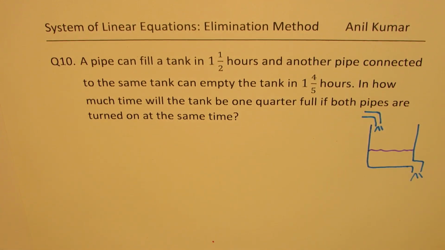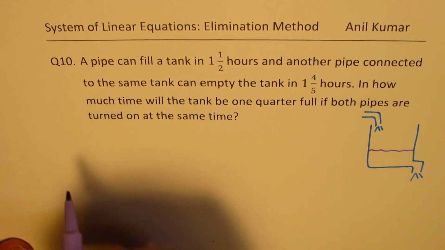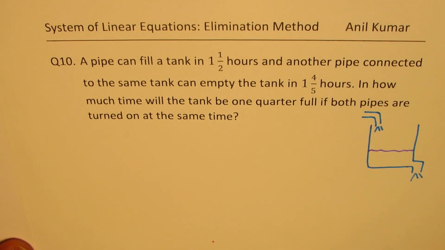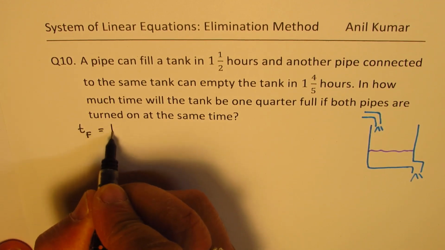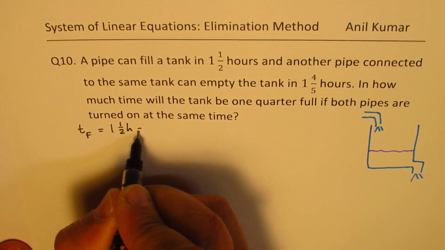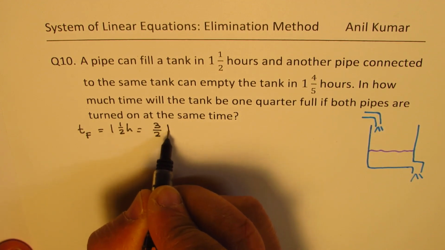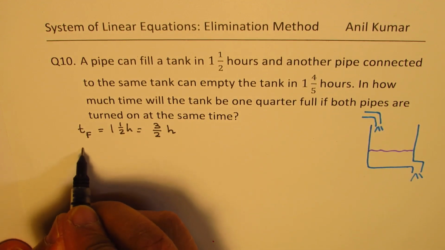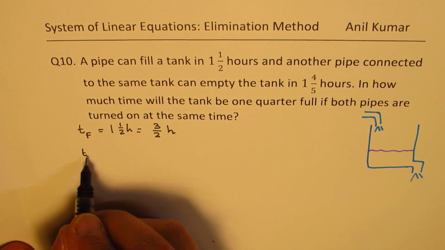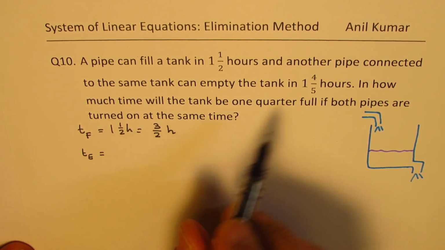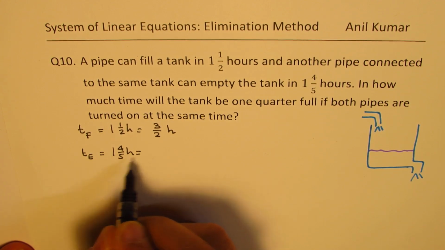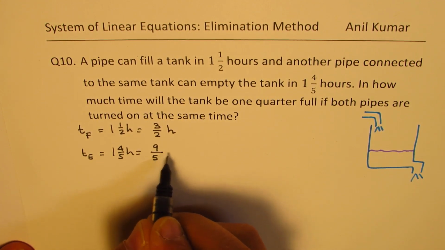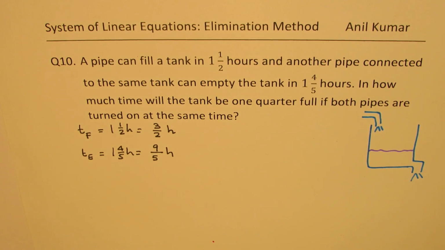We are given both the rates. So for the whole tank, we'll write time to fill as 1.5 hours, which is 3/2 hours, correct? Now time to empty, let's say E, is 1 and 4/5 of an hour, which is 9/5 hours, right?